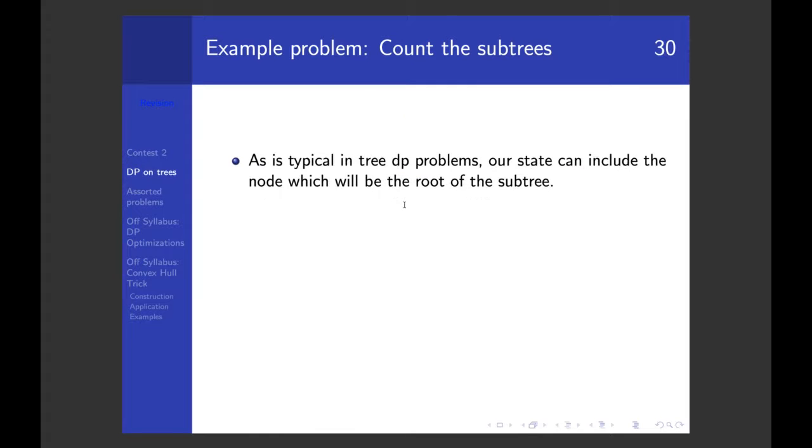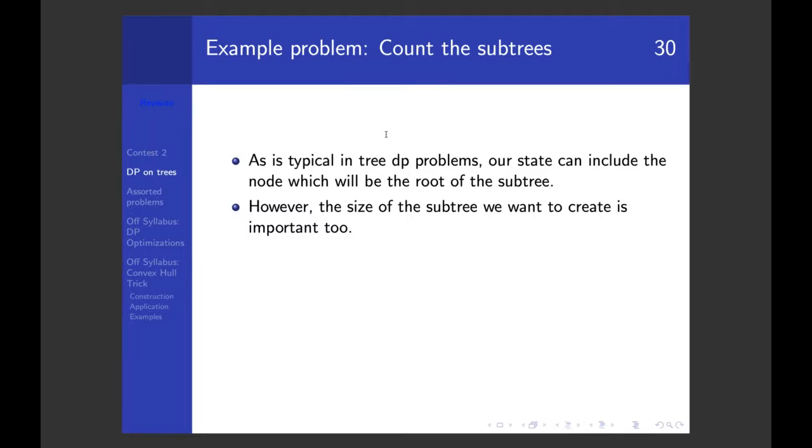Okay. So our state can include the node, which would be the root of our subtree. As we discussed, that's typical. So we're going to root the tree arbitrarily because why not? And our state will involve some node, which implies its subtree. But we're also going to store some additional information, because if we just store the node, we don't have all the information.